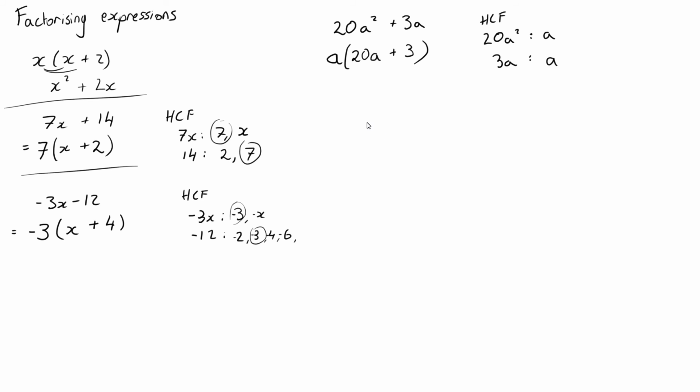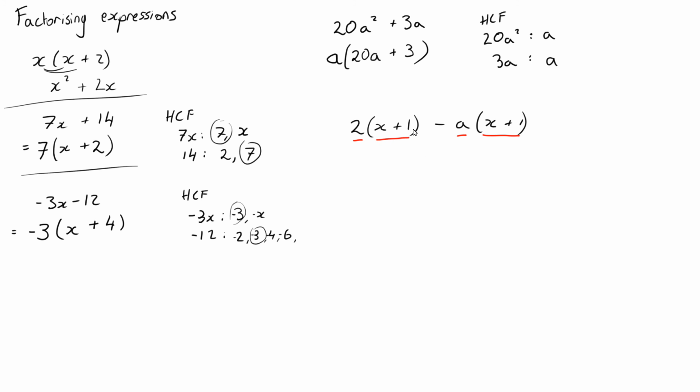Some different kinds of factoring is when we have two sets of brackets. Let's say I've got 2 times x plus 1, take a times x plus 1. Slightly different. This time I'm thinking to myself, what are the actual factors we're dealing with? We've got 2 and x plus 1. That's the two factors. Over here, the other ones are a and x plus 1.